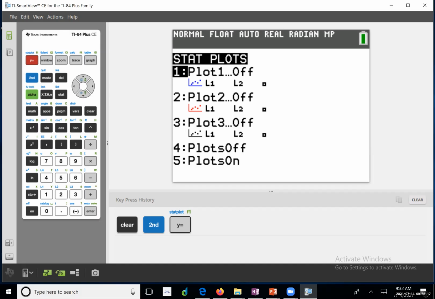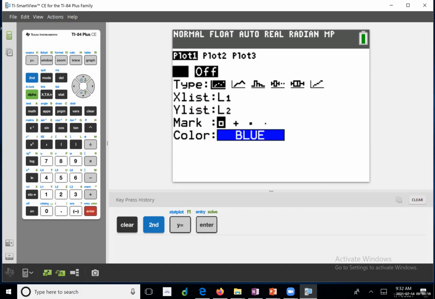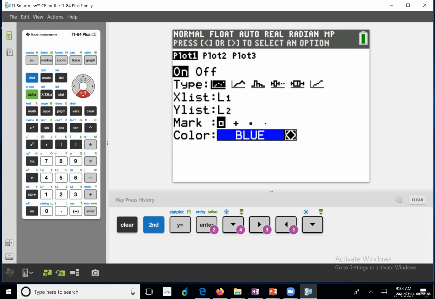You're gonna make the plot on. So you click enter, and then click enter again. It's already on a scatter plot. You leave it there. X is in L1, Y is in L2, and then it asks how you'd like the points to be shown, with dots, and what color. So that's the part where you put the plot on.